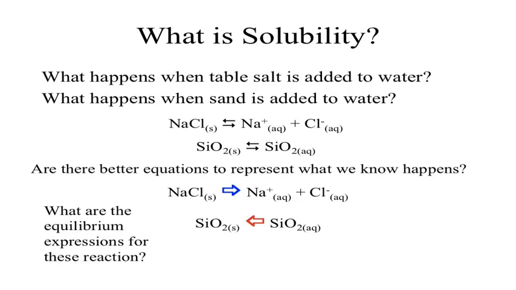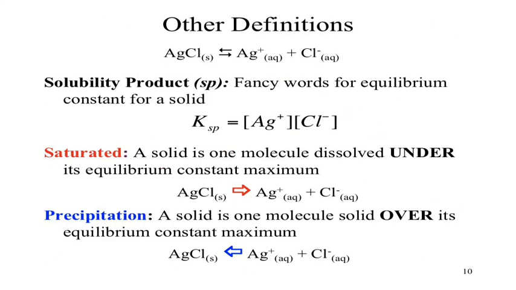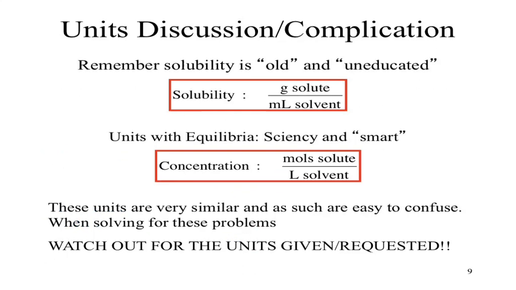We'll come back to solubility. We'll start with that tomorrow. I did want to cover this. When it gets into units so that you can actually work some problems with this, solubility gets trickier because of the units that we end up using. Solubility is something that's very, very ancient and not very technologically savvy, which means we didn't have a real concept of moles or atoms in that case.